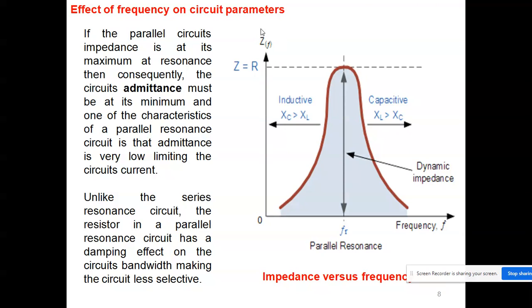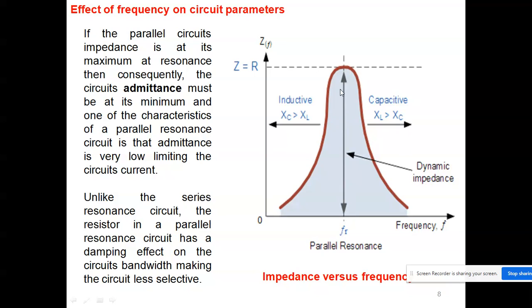Now we will see the effect of frequency on the circuit parameters. Here we are drawing the graph between the frequency and our impedance, and you can see that the parallel circuit impedance is at the maximum at the resonance frequency.